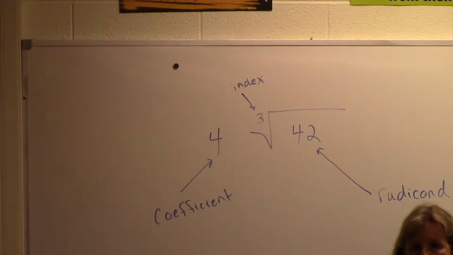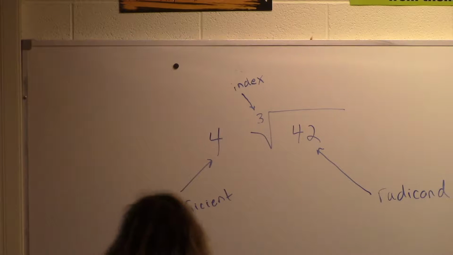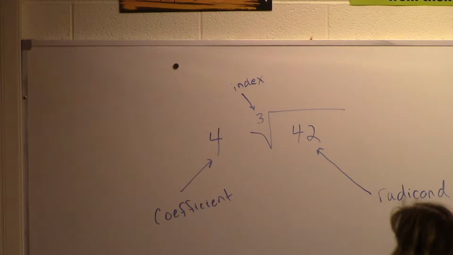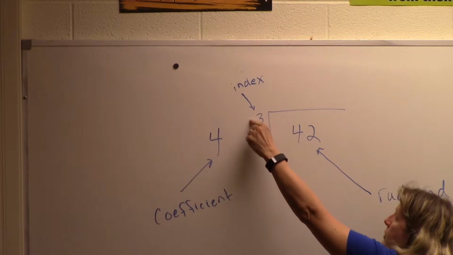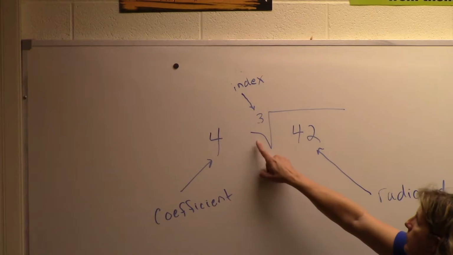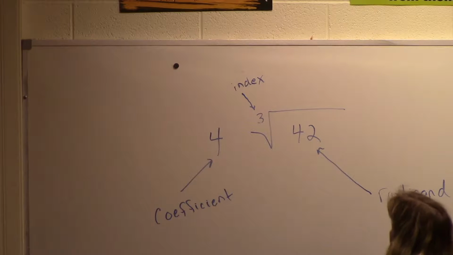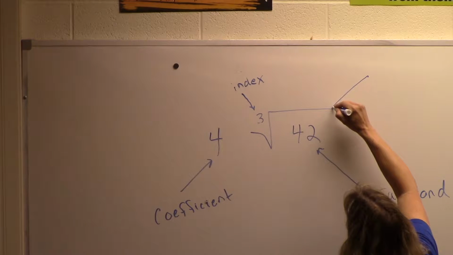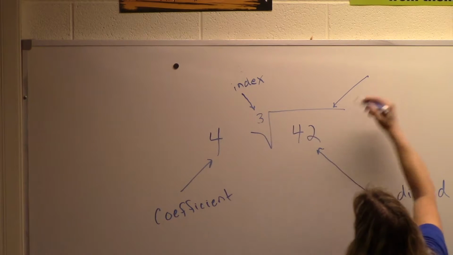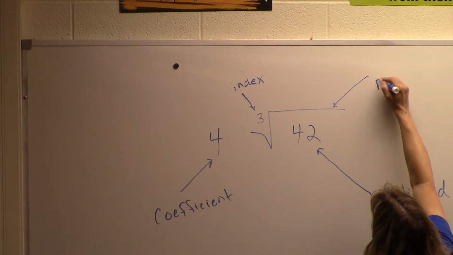Okay, so those of you that still have part one, that was on there, but just to get the terminology correct. This is a coefficient, but this little number that sits on the shelf here, that's your index. And this thing that looks like a division sign with a check mark is your radical.